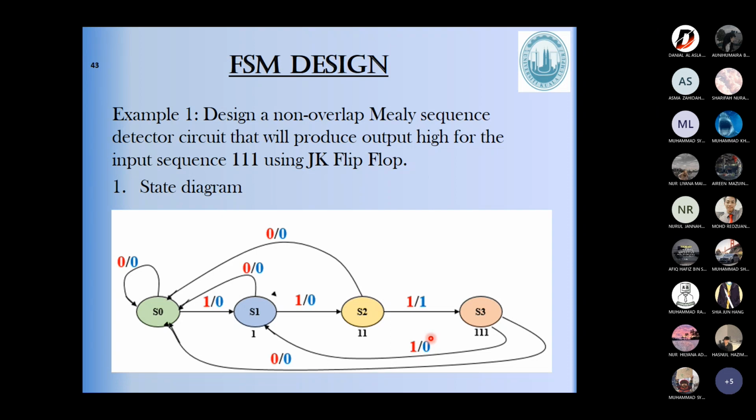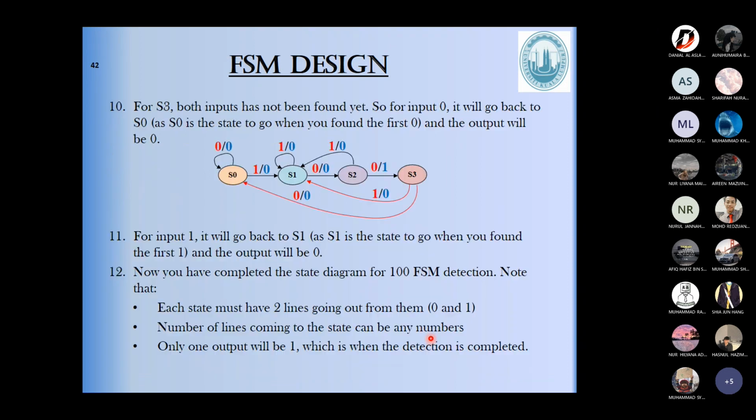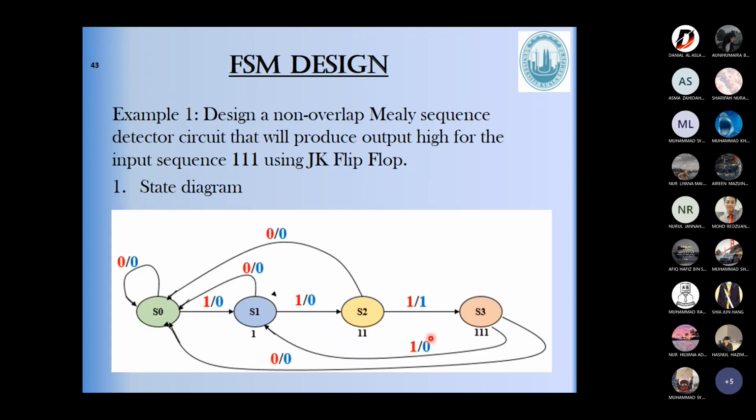The designing step ni nanti saya akan bagi tutorial to you guys. You need to try by comparing dengan apa yang saya dah buat dan juga nota yang saya bagi ni, yang 11-12 step ni. Cuba buat, then you can compare with your friends or you can ask me untuk dapatkan kepastian betul atau tak apa yang you draw. Okay? Because this is the most important thing.